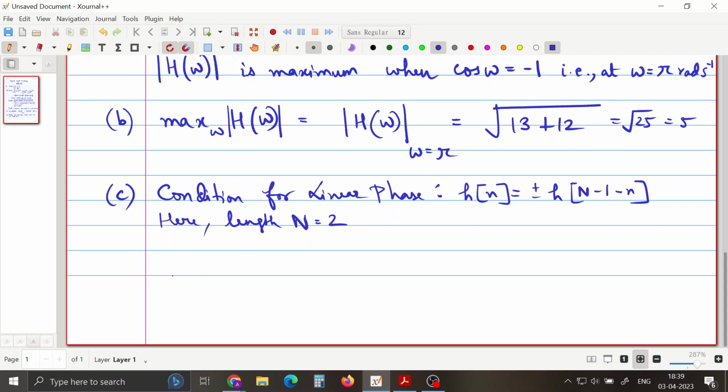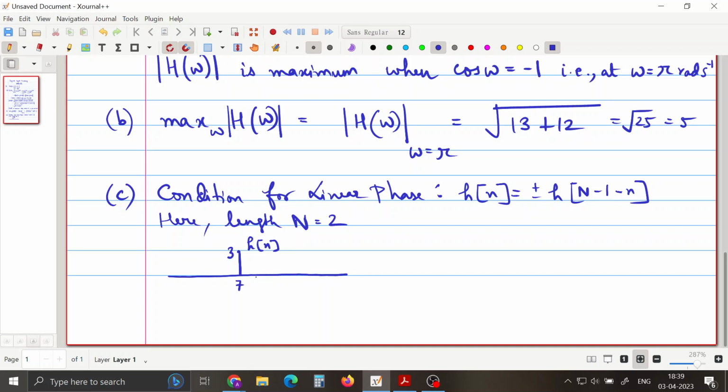So pictorially it will look something like this. At n equals 7 we had the value 3, so this is h of n, and this is n equals 7.